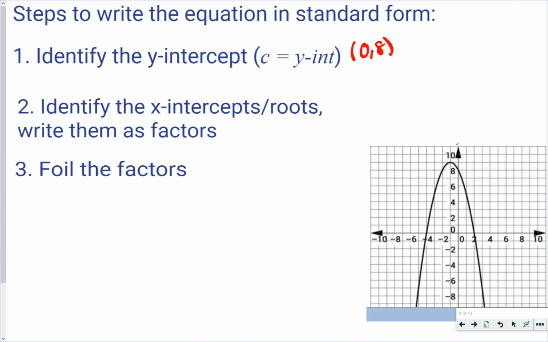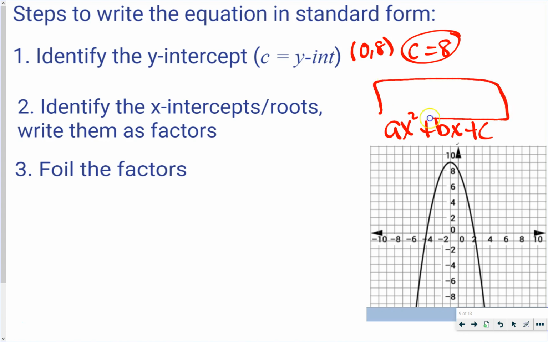So the very last piece of our equation, remember we have ax squared plus bx plus c, so c has to be equal to 8. Meaning when I write my equation, it's going to finish by me saying plus 8.